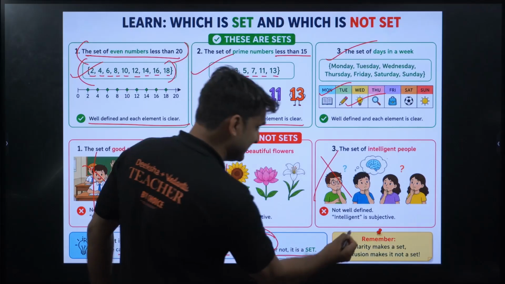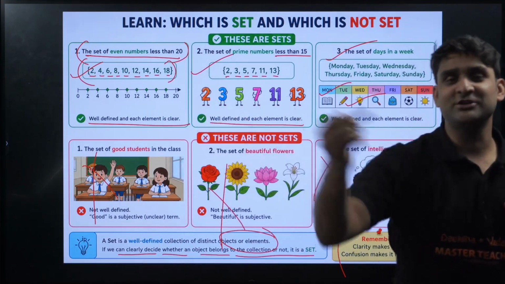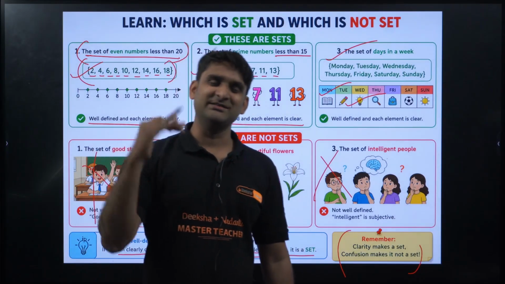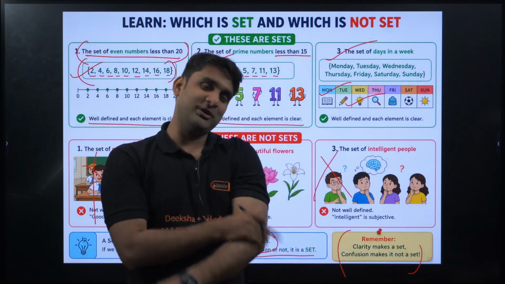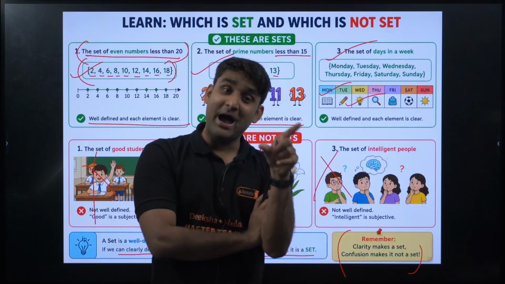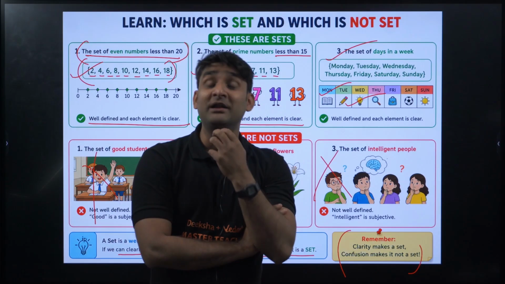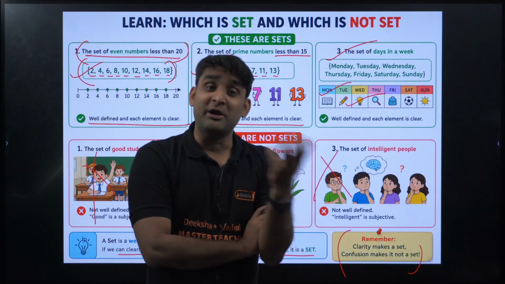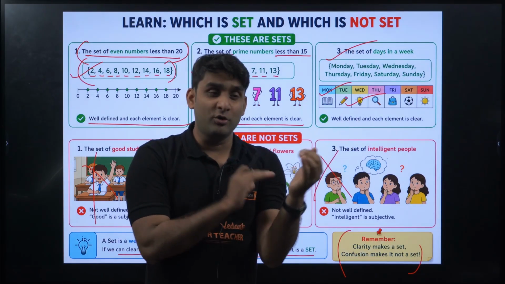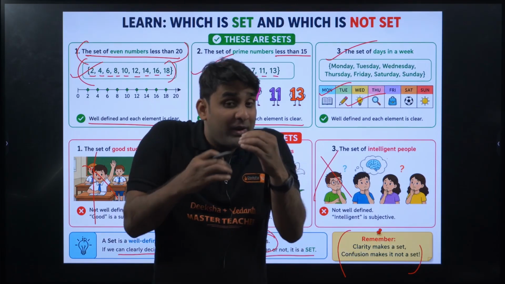If I ask you, who is the most intelligent student in the class? Generally, at class level, you guys think that the student who is getting full marks in every test is the intelligent one. No, my dear. A backbencher might be intelligent. He or she might have good critical thinking, good innovative skills.